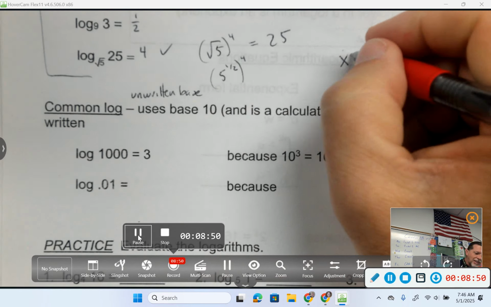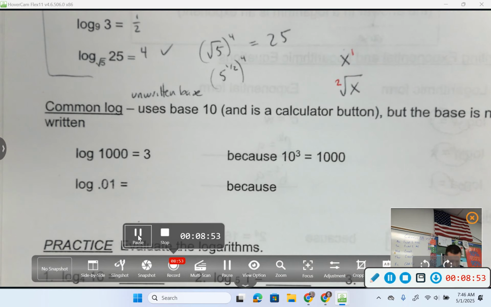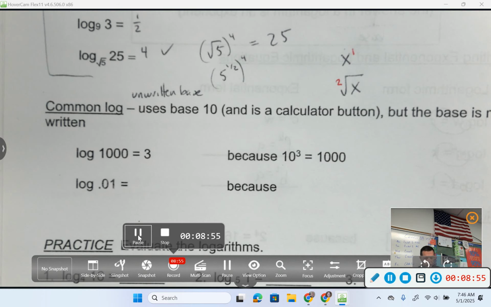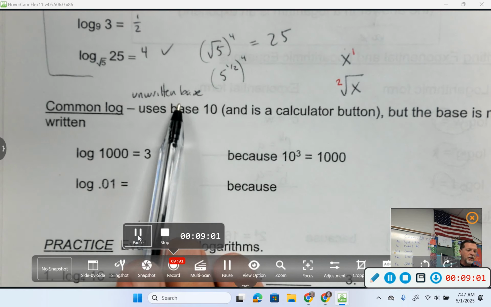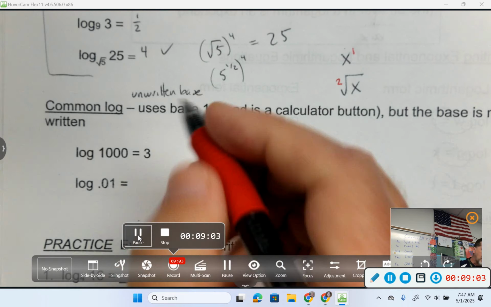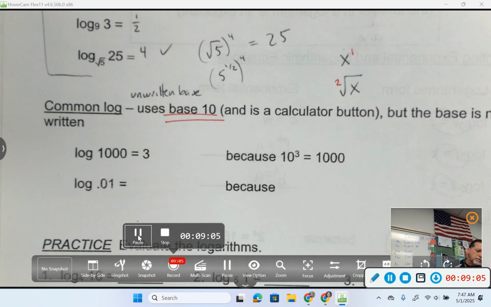Like, that's x to the first, that's the square root. We don't write those because we all just know what that unwritten number is. Well, it's the same thing here. If you have an unwritten base for the log, the base is 10. But the base is not written. So add this to your list of hidden numbers in math.